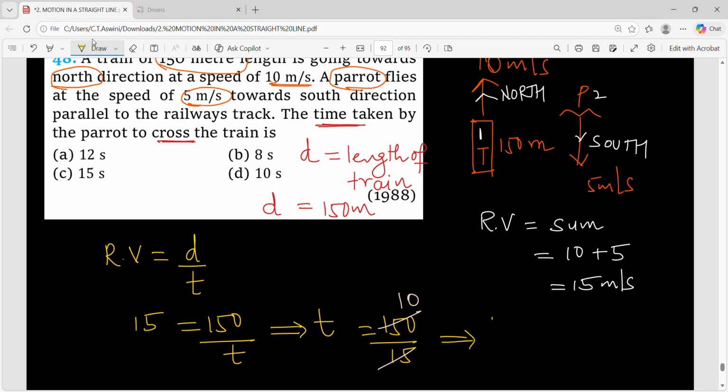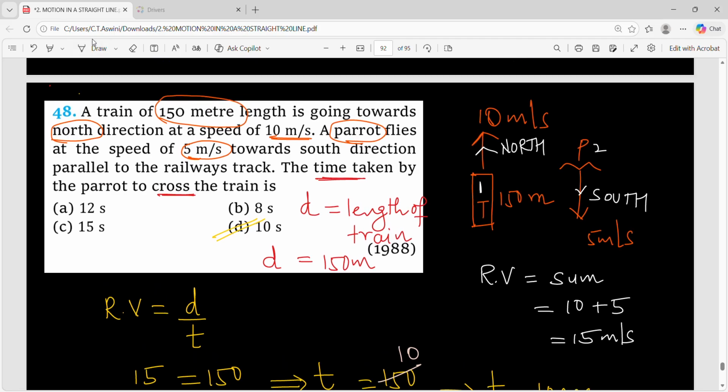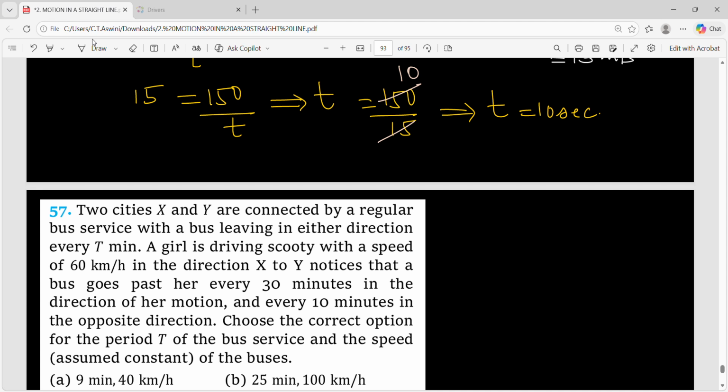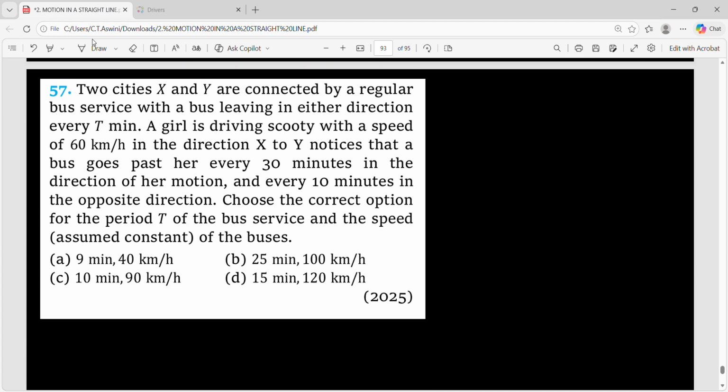So time will be 10 seconds. So in 10 seconds, the parrot will cross the train. Have you understood? Any doubts? Please comment, I'll help you.